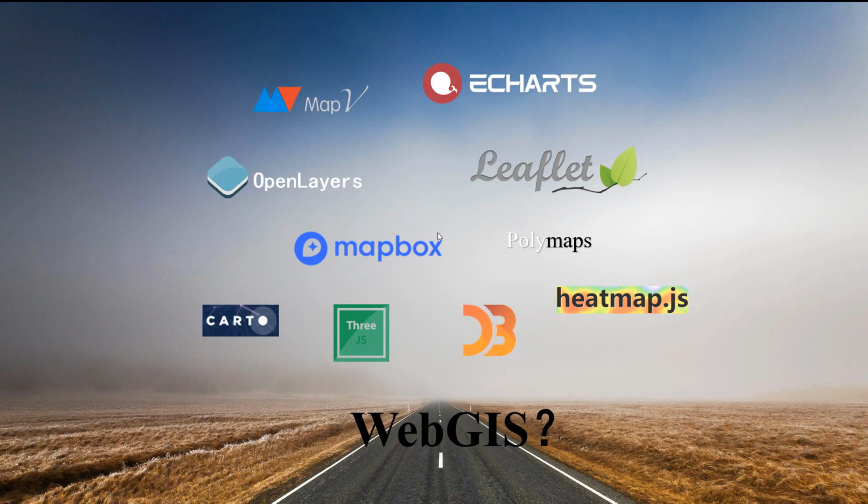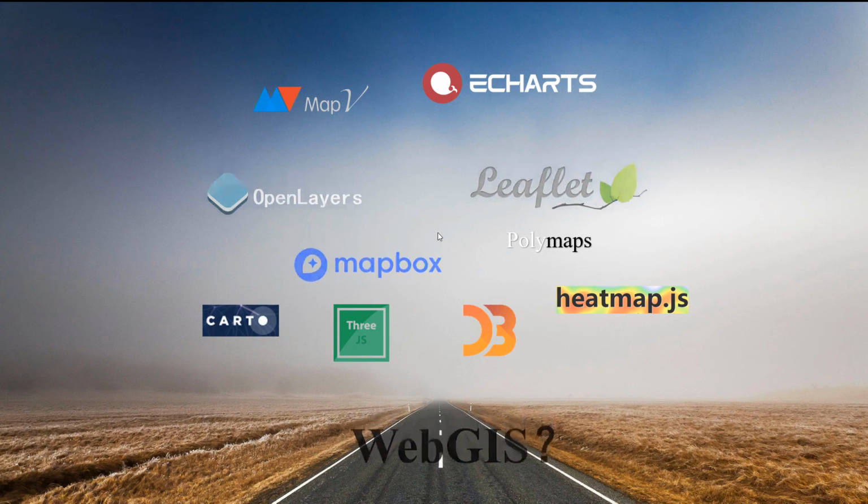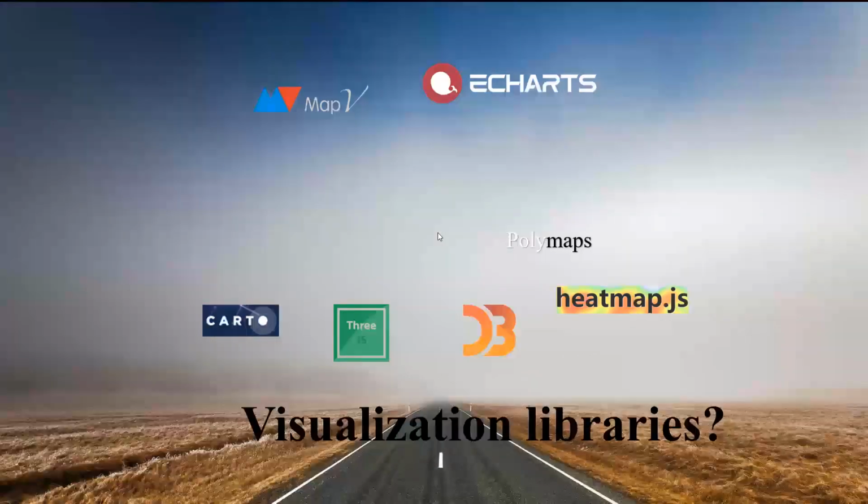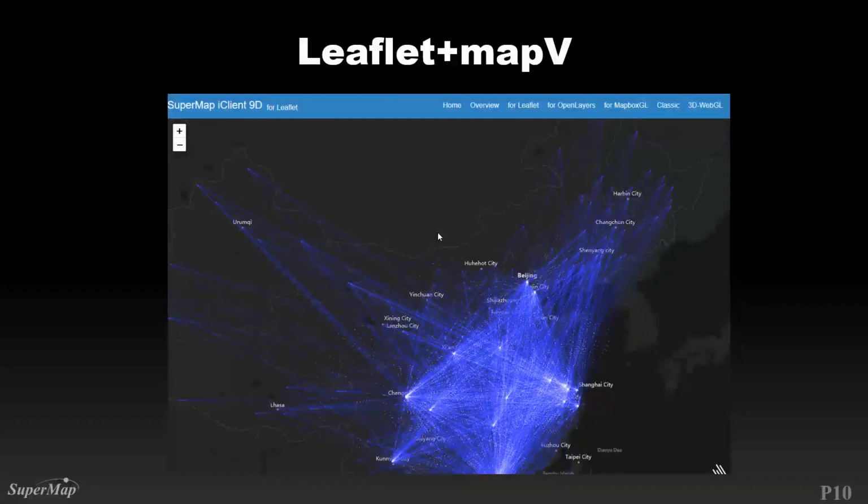Now after introducing how to select a map library, let's take a look at how to select the visualization library. First, we should look at a few pictures together. This is the presentation of the visual effect that Leaflet overlays with MapV.